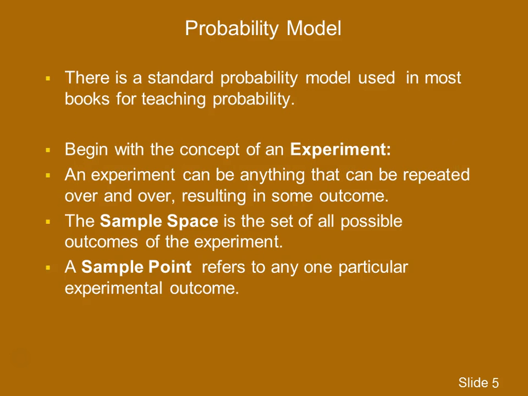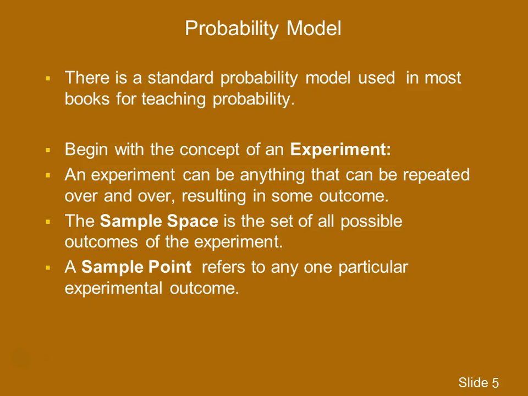Now, there's a standard, what I call probability model, that's used in almost all statistics books, whether they be math books, business statistics books, and so on. It's kind of a standard way of going about probability that I call the probability model. We begin with the concept of an experiment. An experiment doesn't have to mean going into the laboratory and doing something.